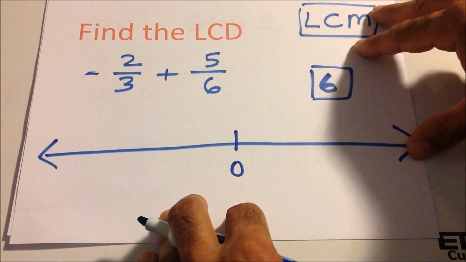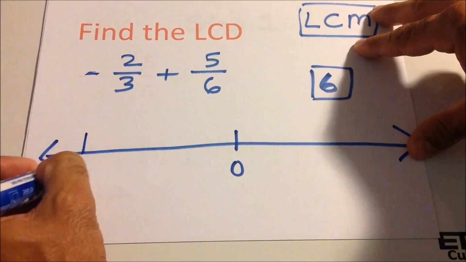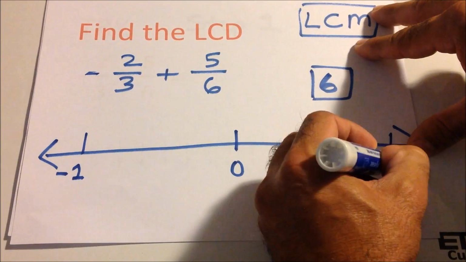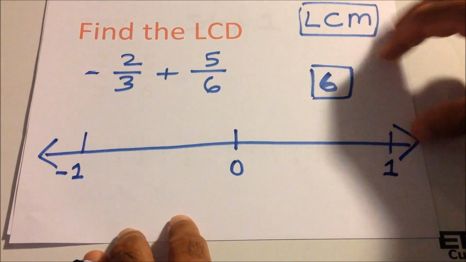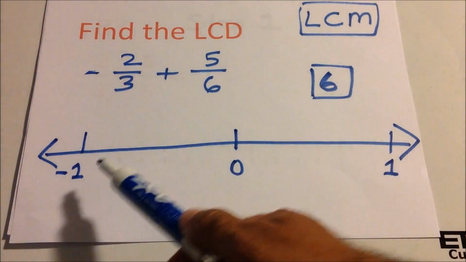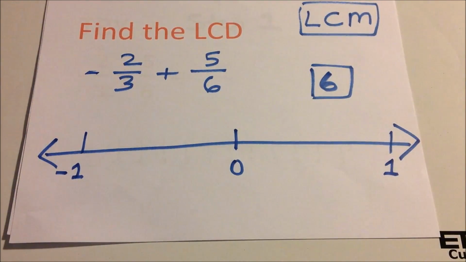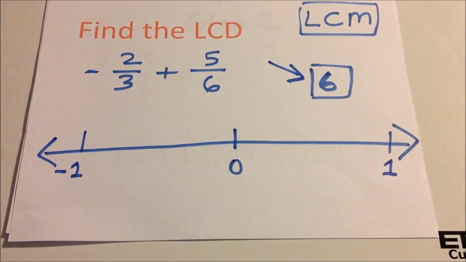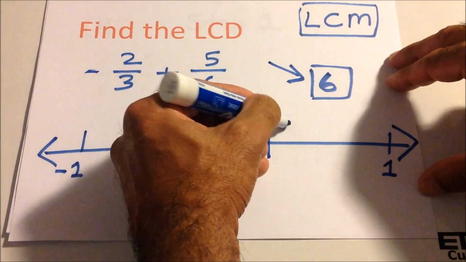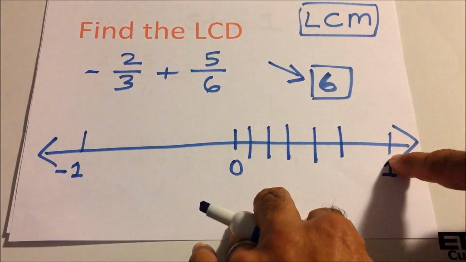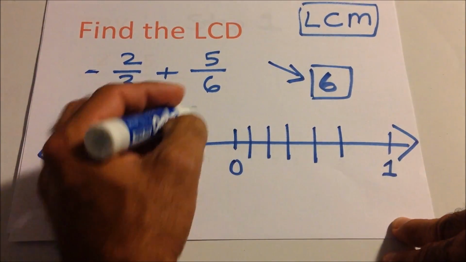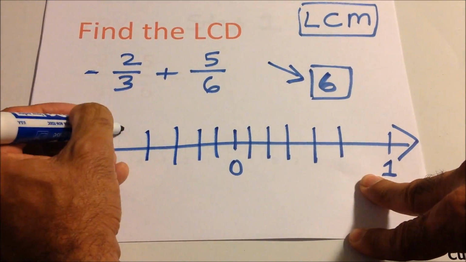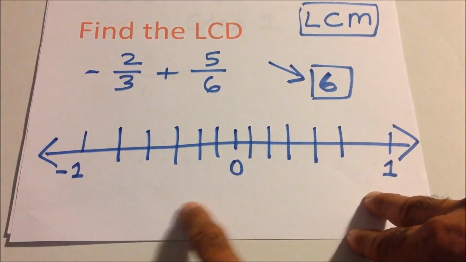And we can say -1, and we can say 1 here. There's our number line. So how many lines should be between each whole number? There's our answer, 6, because that's the LCM. So we have 1, 2, 3, 4, 5, and of course 1 will be the 6th. And the same here, 1, 2, 3, 4, 5, and the -1 will be the 6th.